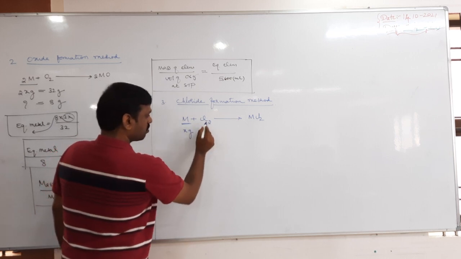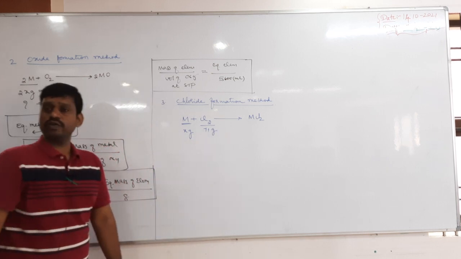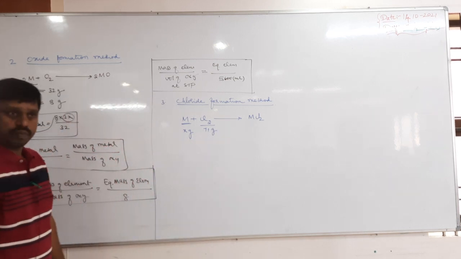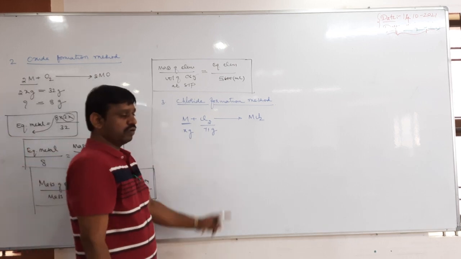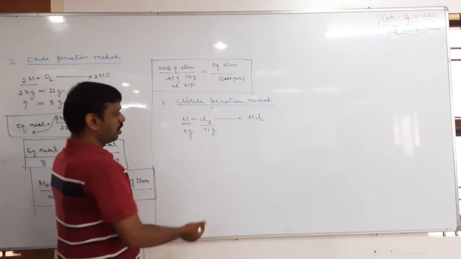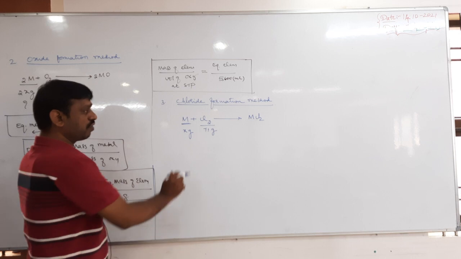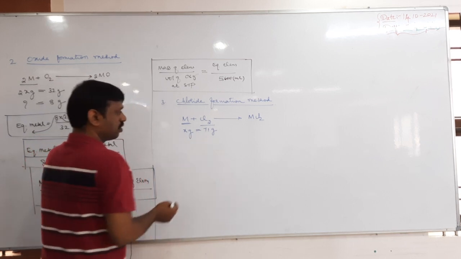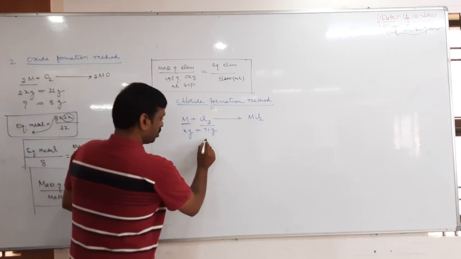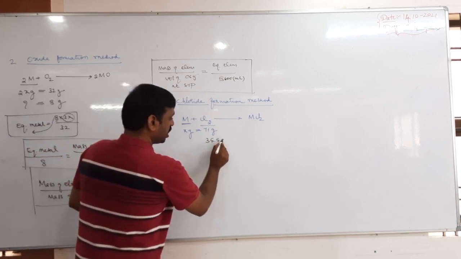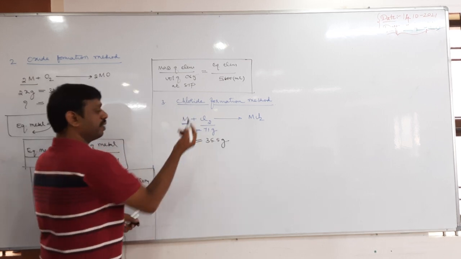We know that the mass of chlorine is 71 grams because atomic mass is 35.5, into 2, 71. Therefore x gram of an element is combining with 71 grams of chlorine. But what is the equivalent mass of chlorine? 35.5 gram, which is also equal to equivalent mass of element.